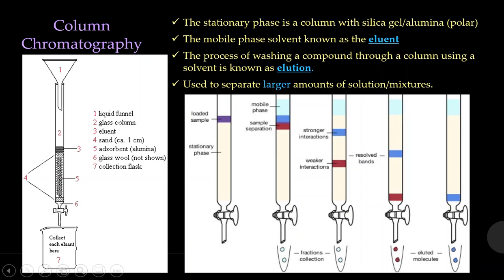So it's used to separate larger amounts of solution and or mixtures. And then, like I said, you can open the valve and take one component of the mixture and isolate it and have it separated for manufacturing, for industry, for pharmaceutical purposes, whatever.